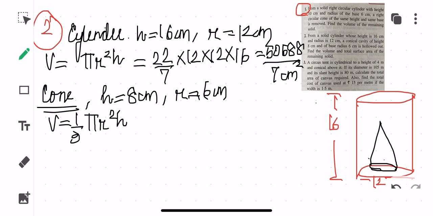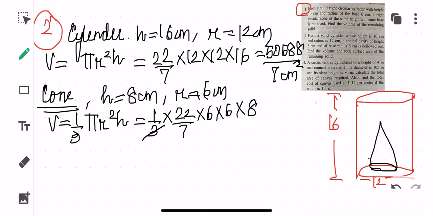Then this in turn is equal to how much? This is equal to 1 upon 3 into 22 upon 7 into r square is 6 into 6 into h is equal to 8. So this is getting cancelled. So again you are getting 44 into 48.